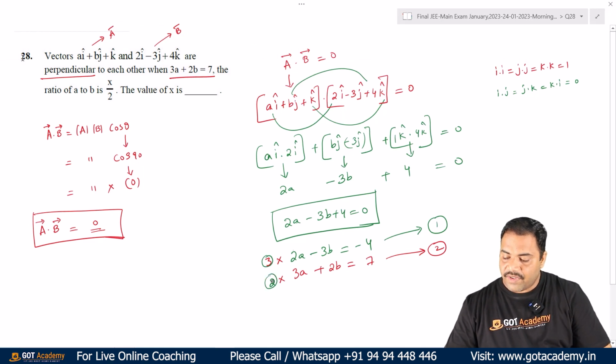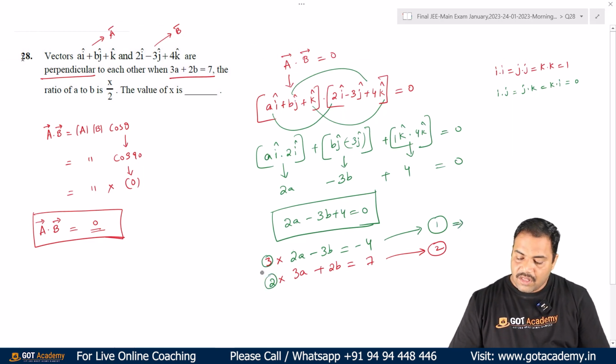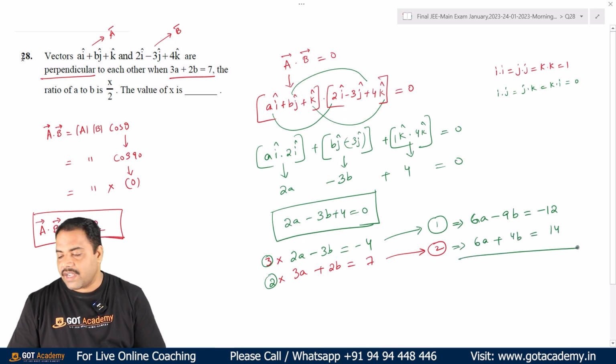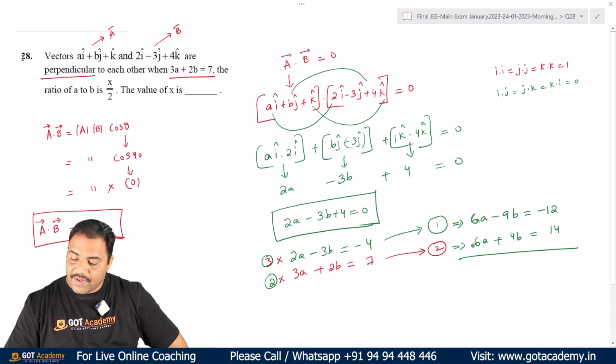On doing so, what we get is 3 times 2a, that is 6a, minus 9b equals minus 12. And 6a plus 4b equals 14. Now I am going for subtraction of these two.